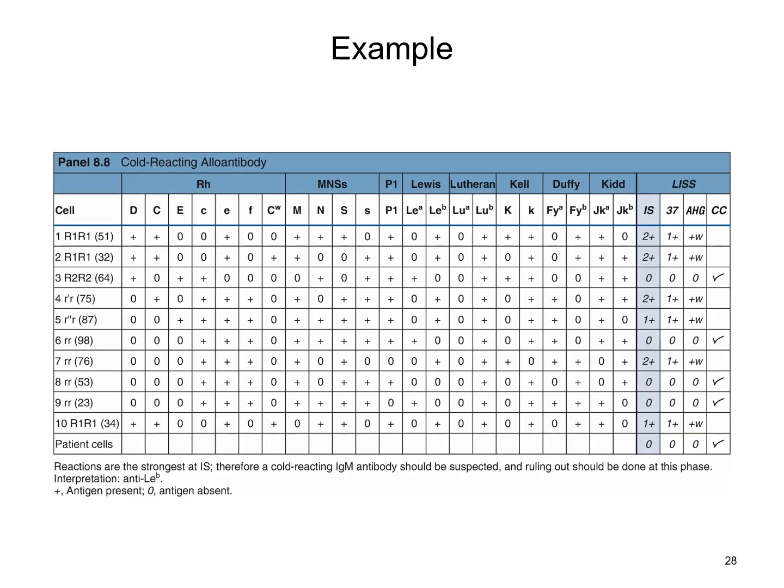Here we have another example of one of those cold reactivity antibodies, and you can see that it reacted at immediate spin with 1+ and 2+ reactions. It was incubated, still showed some reactivity, although it did decrease. And then at that AHG phase, you're still showing some reactivity.